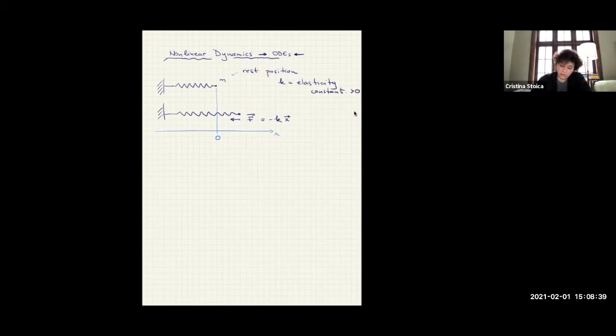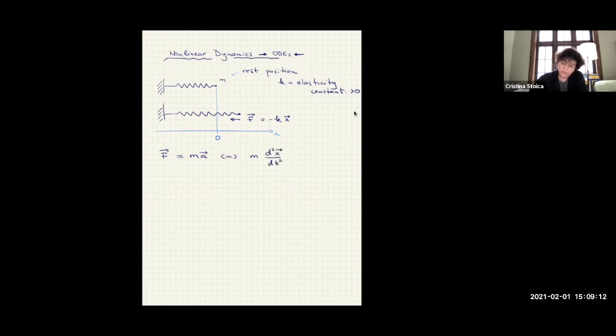Now, how do we describe the motion of this thing? We describe it with what you did in high school, so I'm not going over it: the wonderful F equals M times A. A is the acceleration of this object, and F is the forces acting on it. So M is its mass, A is the second derivative of the displacement.